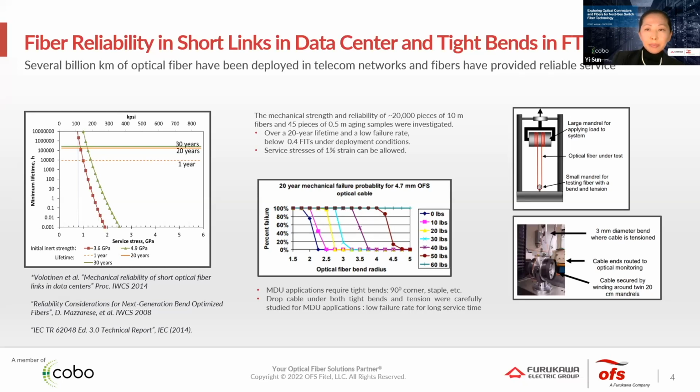And that is done by carrying out a proof test after the fiber draw at 1% strain to limit the weak points in the fiber, followed by a qualification test for optical performance. And the fiber put in the field in the cable was designed to experience service stress of only 1/4 or 1/3 of that proof test strain. So that's a way to warrant an extremely low failure rate.